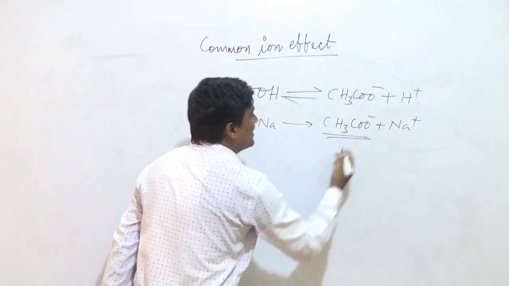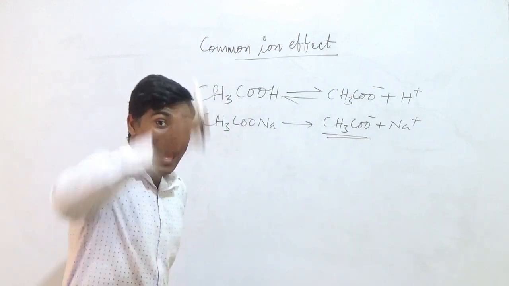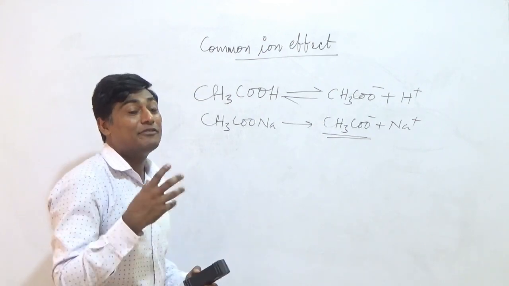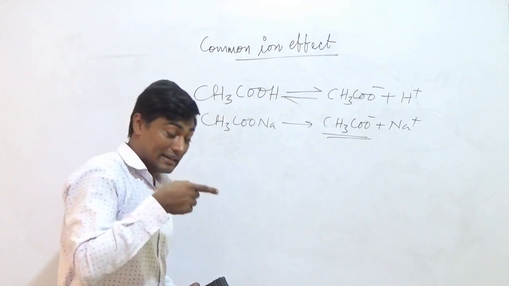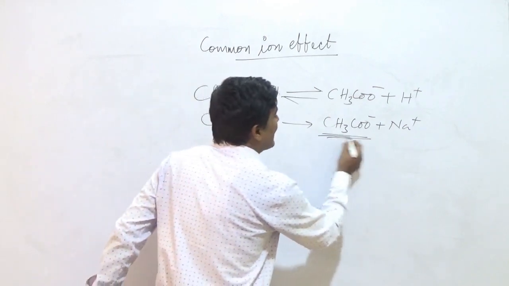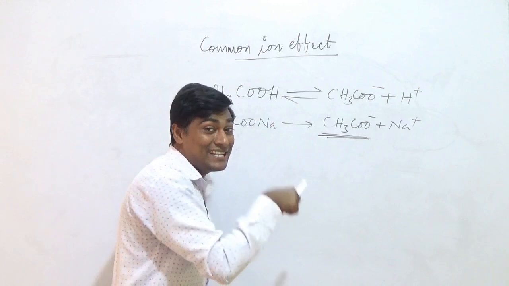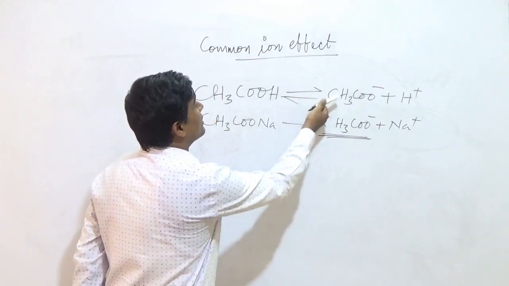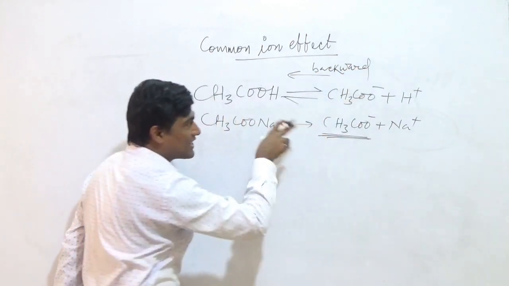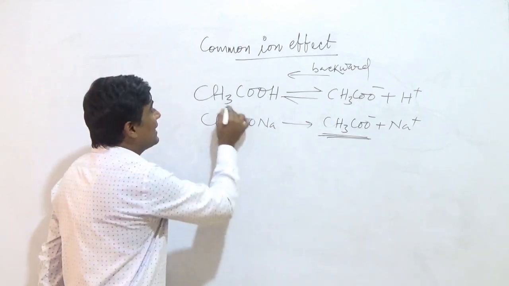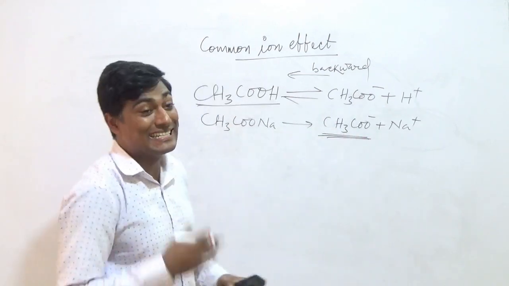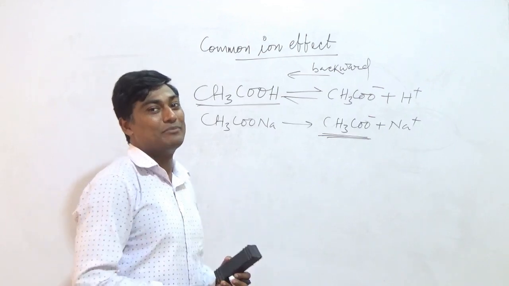Once the concentration of CH3COO- is higher, as we discussed in Le Chatelier's principle, if the product concentration is high, the reversible reaction proceeds in the direction in which the reactant is formed more. Since the acetate ion becomes higher, to decrease its concentration the reaction proceeds in the backward direction, and the concentration of undissociated acetic acid becomes higher.